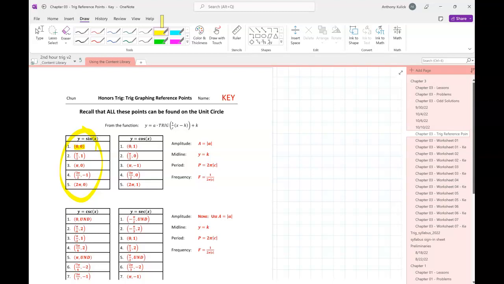Remember, 0, 0 is a midline point that's followed by a maximum. I can tell by looking at the y coordinates, right? 1 is the biggest y coordinate, so that's a maximum. 0 is the middle y coordinate. It's in between -1 and +1.